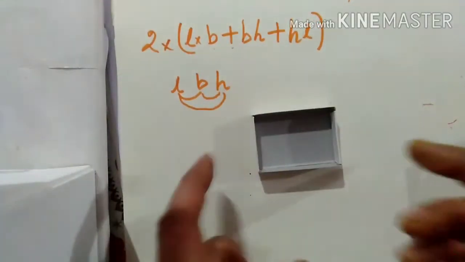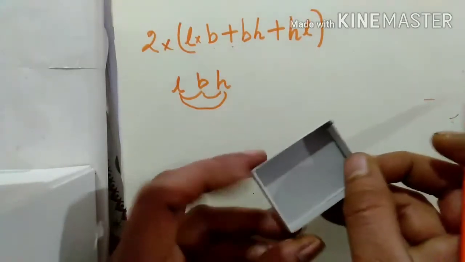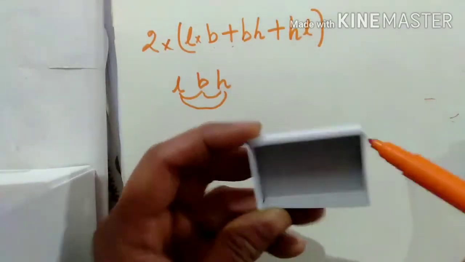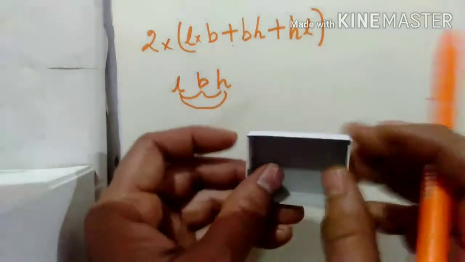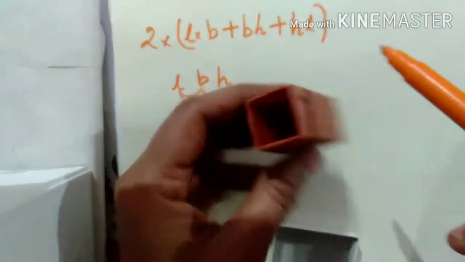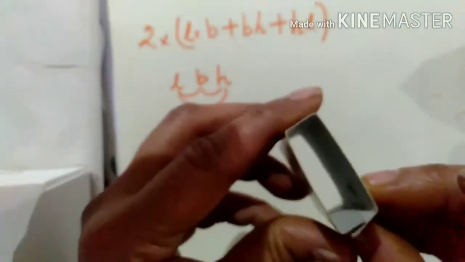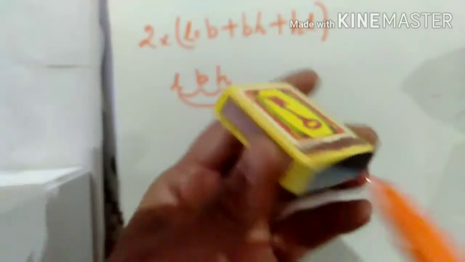Now see this is open from one side and it has 4 faces of this type. You can see this also is open from one end. It may be possible that it is open from this side and this side.